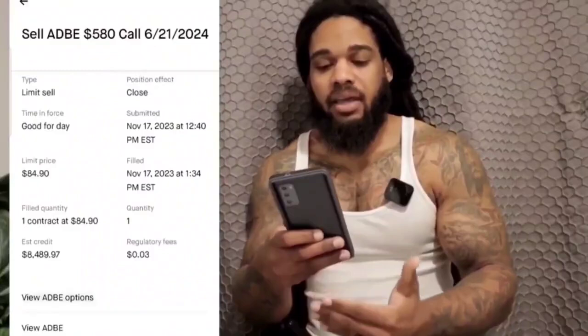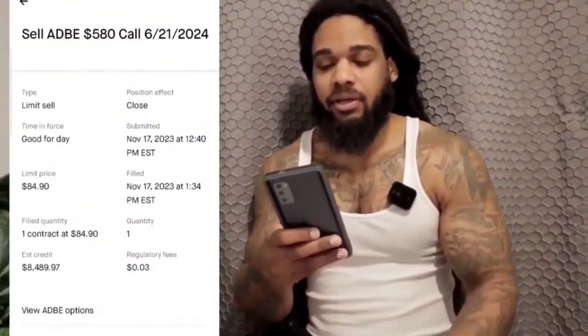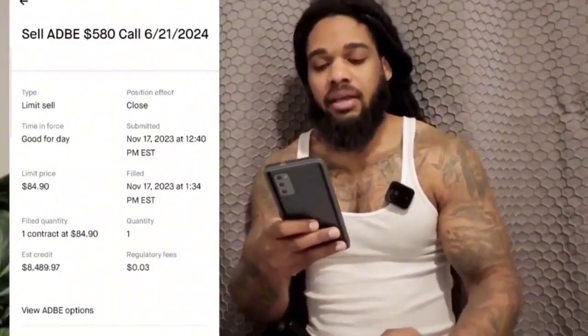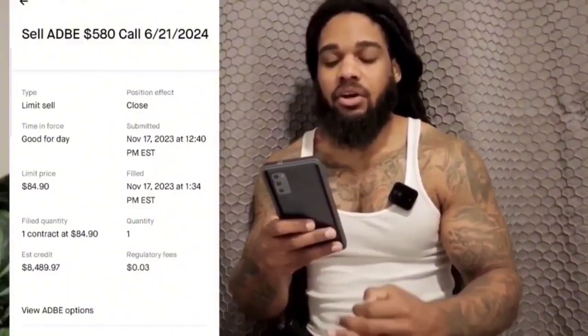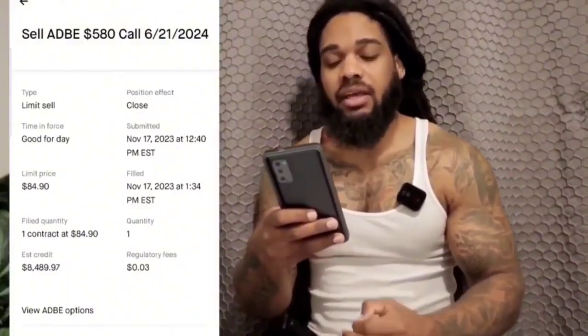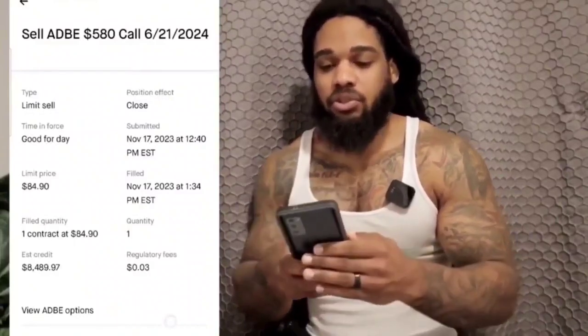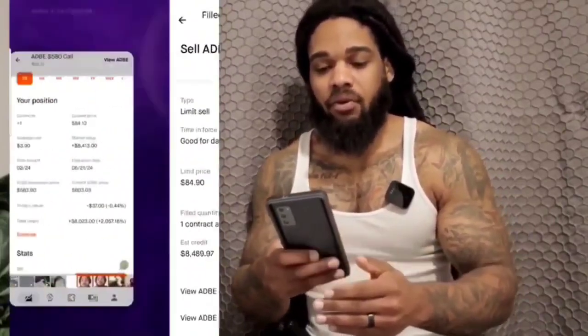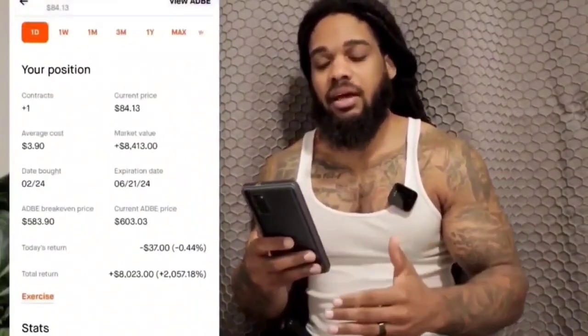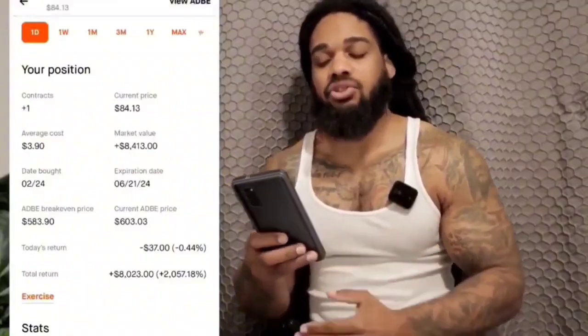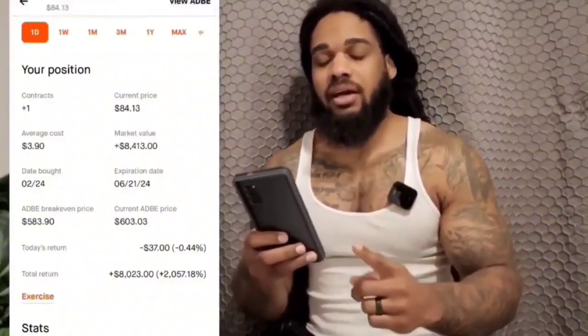I sold it for about $84.90, and after the regulatory fee, I got about $8,489.97. And then we subtract what I paid for it, which is about $390. So I made about $8,100 just from this one contract, guys.